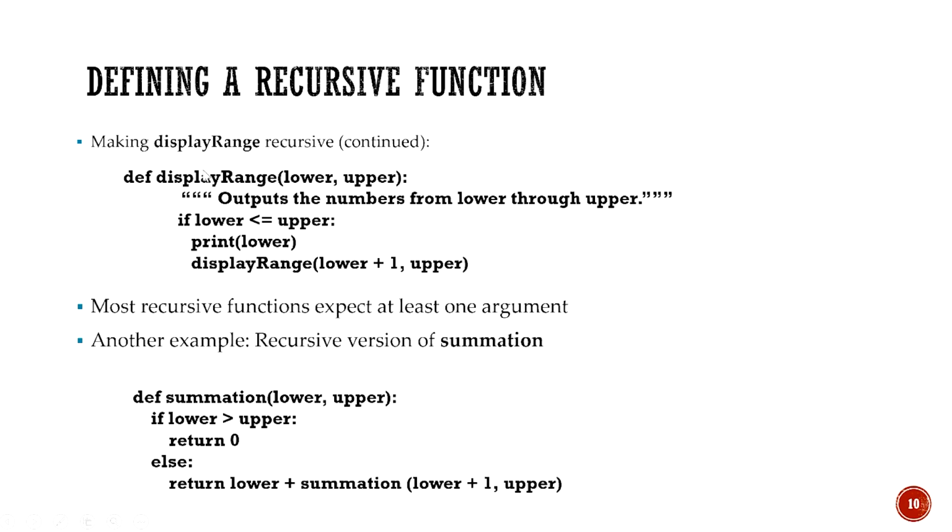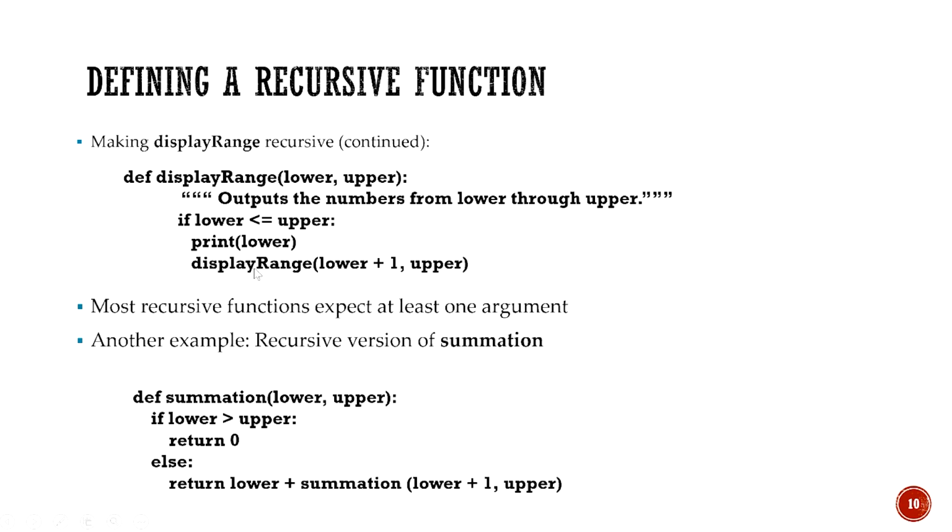So we have the same function here. Now we add a selection statement: if lower is less than or equal to upper, print that number. And then we call the function. So display range, but we update input parameters. So we add 1 to lower, upper remains the same.